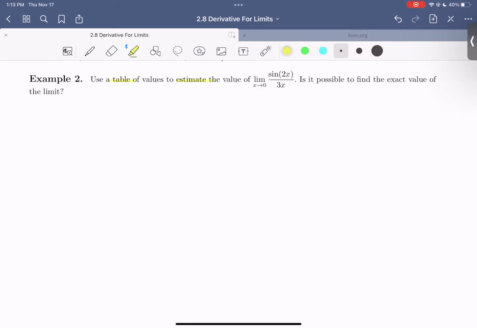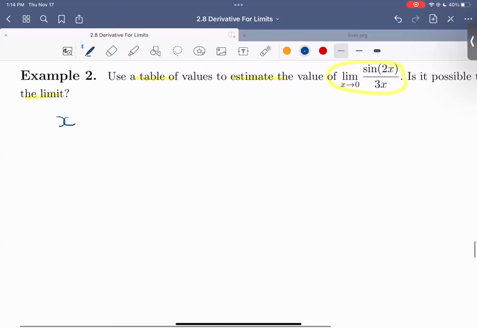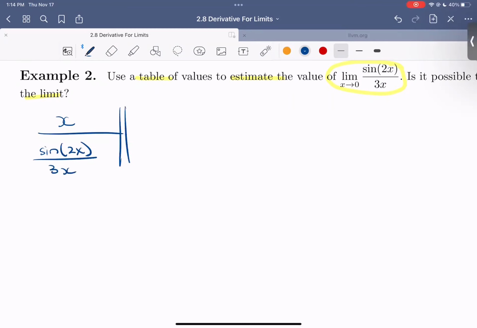So in our table, we're going to have our inputs, x, and then our output, sine of 2x over 3x. Now we want to look at what happens to the output values as our input, x, gets close to 0. So I can draw a little picture of an axis for us.